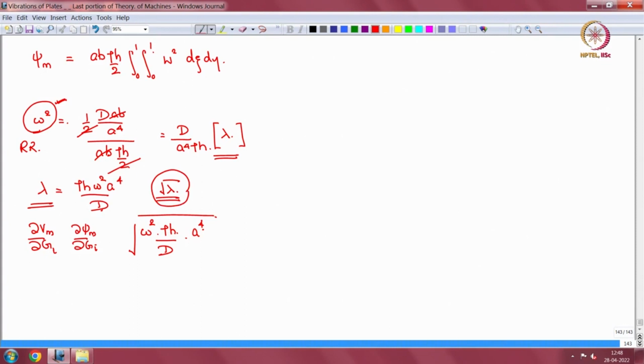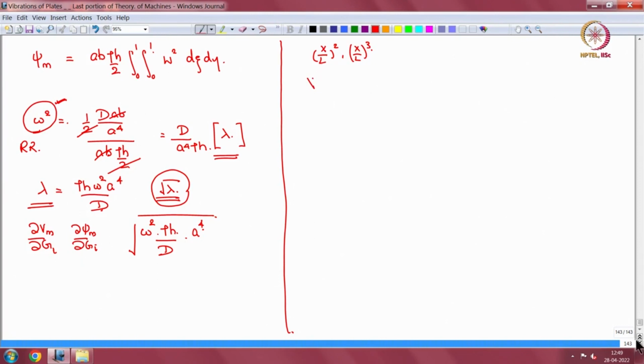Now, what about the actual functions? In the earlier places for the cantilever beam, what did we see? We saw x by L whole squared, x by L whole cube, etc. So, here the author takes first.